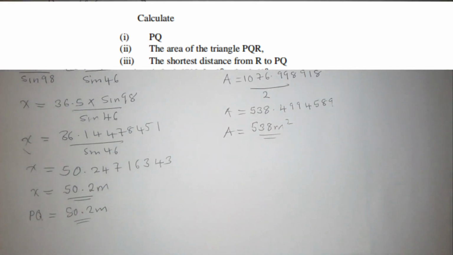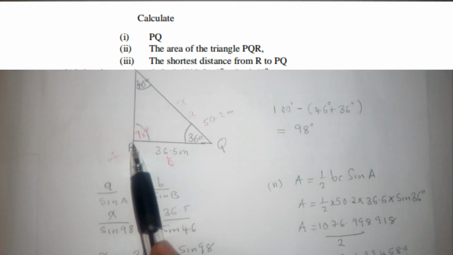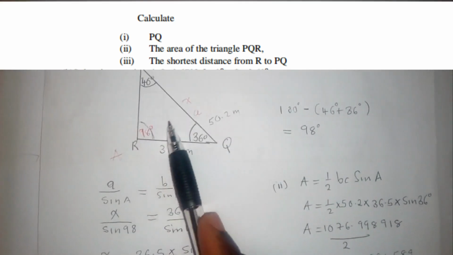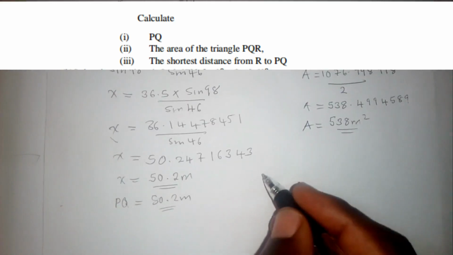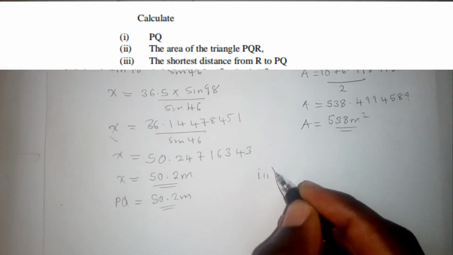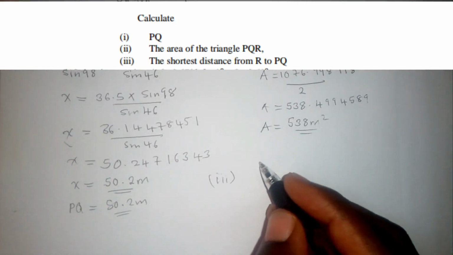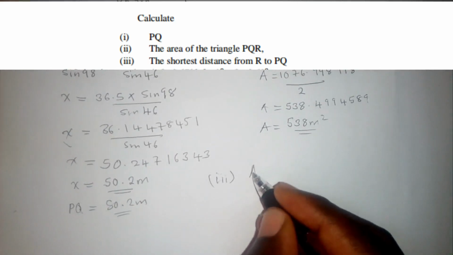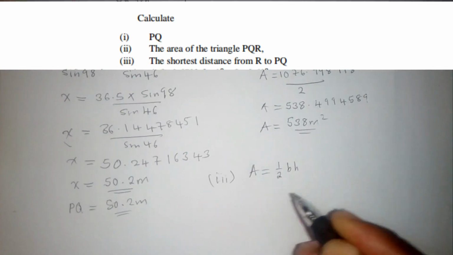And then the next question, they're saying we find the shortest distance from R to PQ, meaning the shortest distance to touch this line. In this case, we are going to use the formula for the area of a right angle triangle, which is area is equal to 1/2 BH.